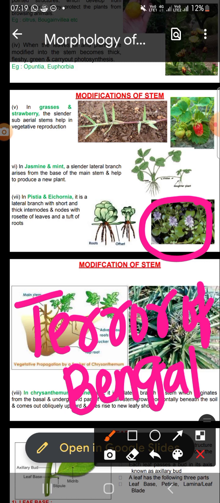As soon as the seeds were introduced into the water unknowingly by man, it started growing very, very fast, and within no days the complete lake was covered with this plant. The name Terror of Bengal was given because people were terrified, wondering what was actually happening in the lake and from where this new plant had come.